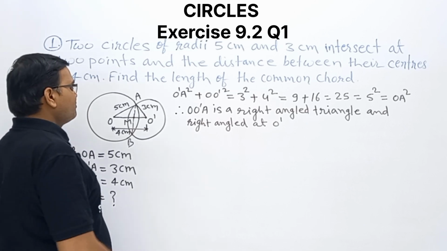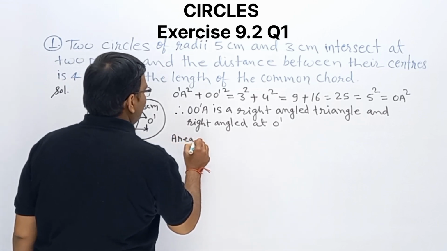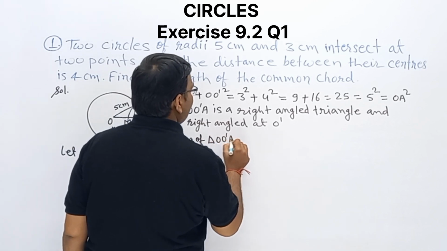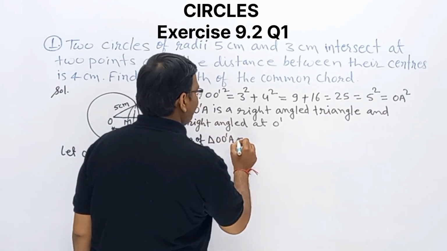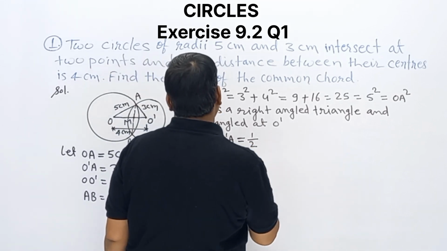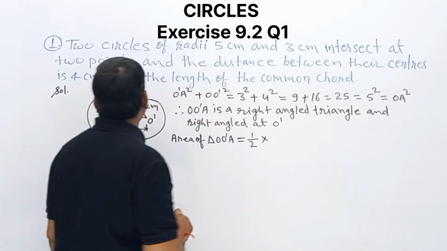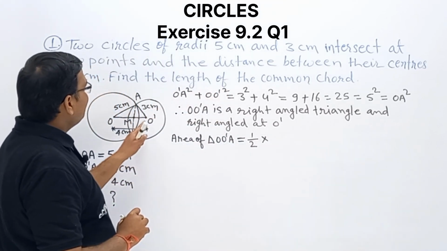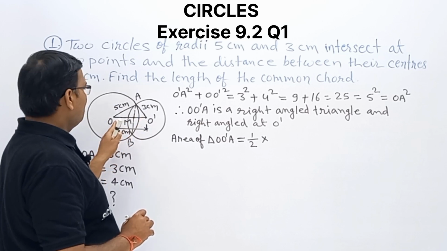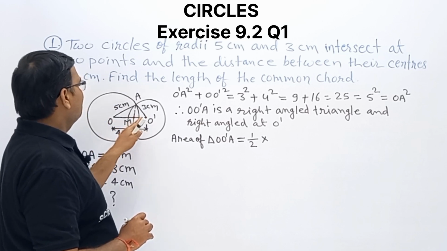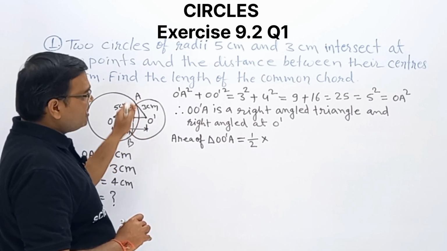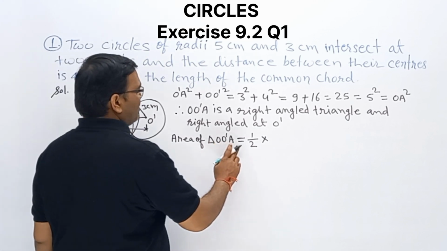Clear? So area of triangle OO dash A equals 1 upon 2 base into perpendicular, right angled at O dash.